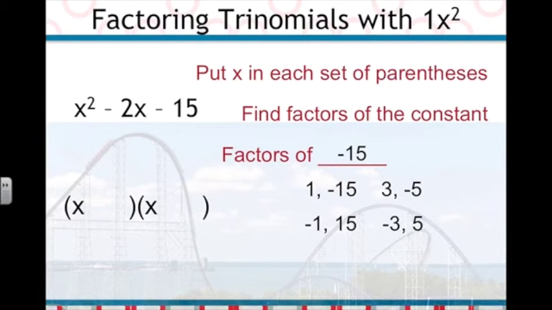The only integer between 3 and 5 is 4, but 4 doesn't go into 15, so we know we have all the pairs of factors that are possible here.